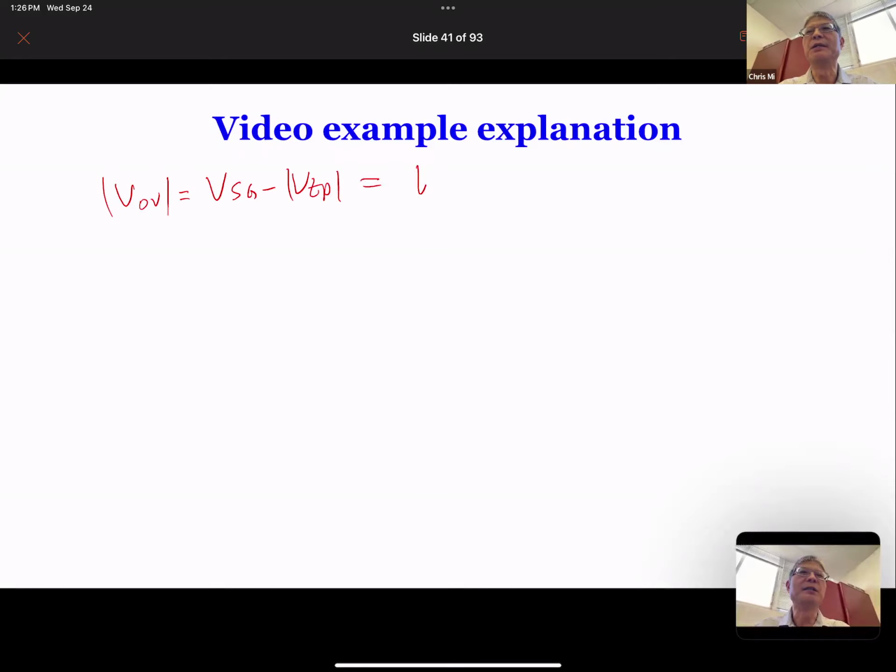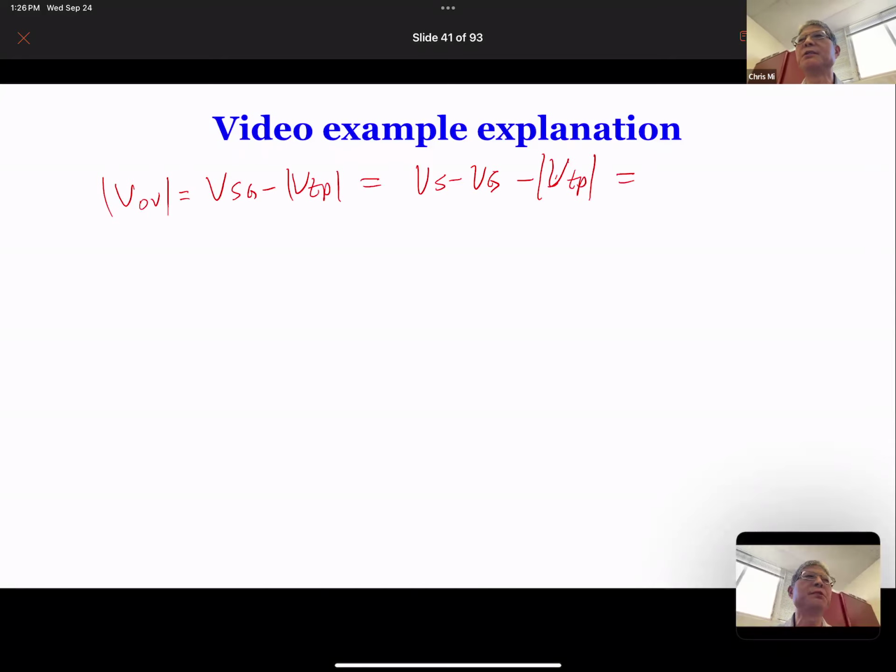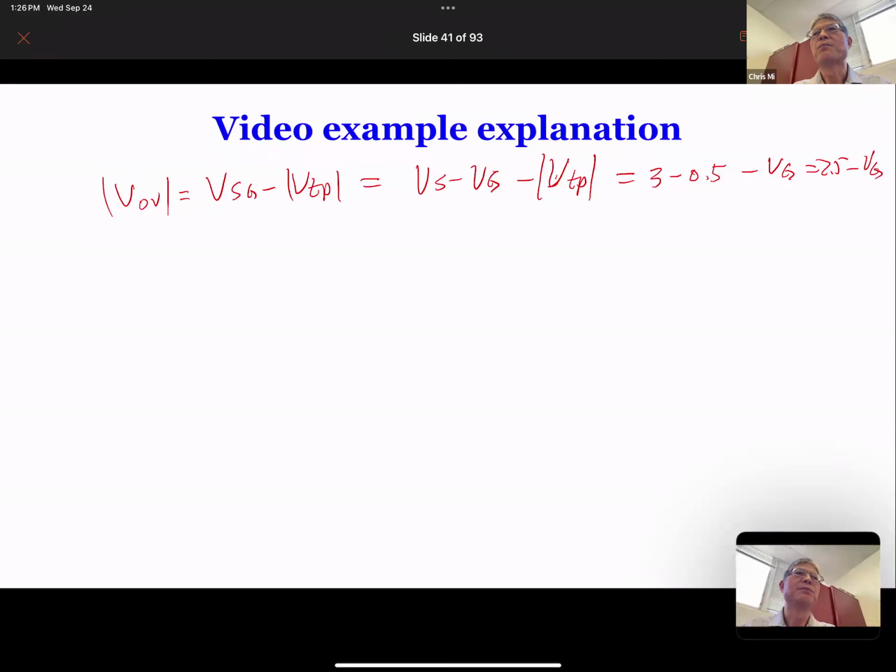And VSG apparently is Vs minus Vg, and minus VTP. And Vs is given as 3 volts, minus VTP is 0.5, and minus Vg, which is equal to 2.5 minus Vg.